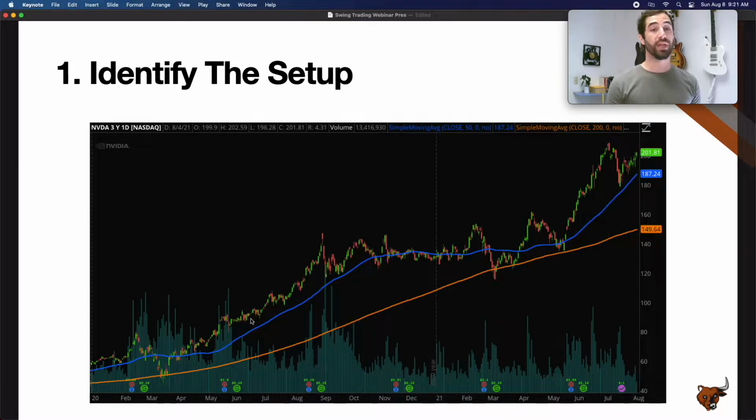So that's pretty outstanding and that's very notable. That's extremely, extremely bullish price action. If you have a stock that is just running for multiple months without even testing the 50 MA, that's very bullish, okay?